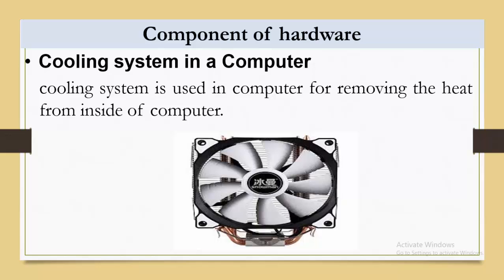Computer cooling system. As we all know, electronic devices produce heat because of power consumption. Similarly, in the computer system, the CPU, VGA card, and all the other electronic chips produce heat, and as a result, it affects the speed and performance of the system.